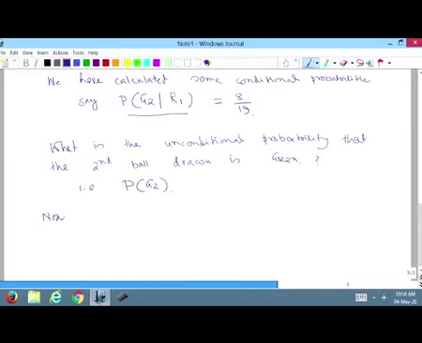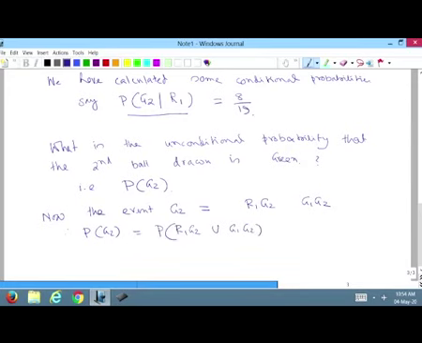Now, the event G2 is actually the union of two events: first ball is red and second ball is green, union, first ball is green and the second ball is green. Therefore, the probability of G2 is equal to the probability of R1 G2 union G1 G2. So, let us compute this.